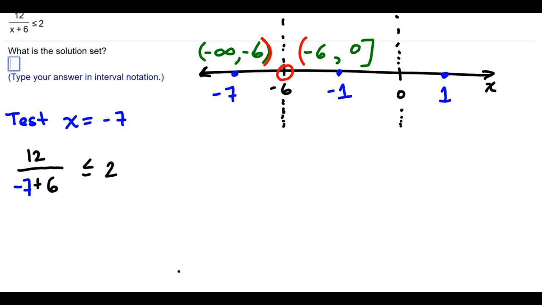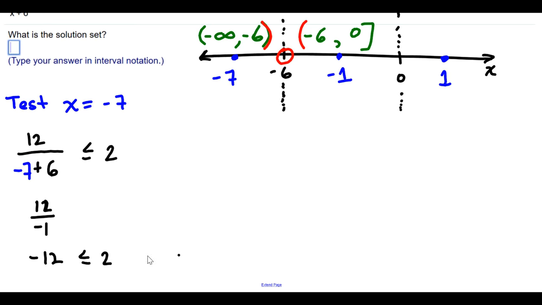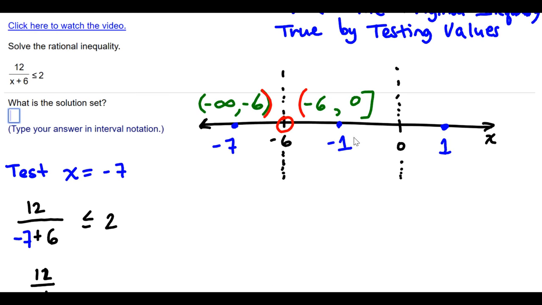So simplifying this, I get 12 over -1, which is -12, and that is less than or equal to 2. So because that is true, this section is going to be part of my solution set.